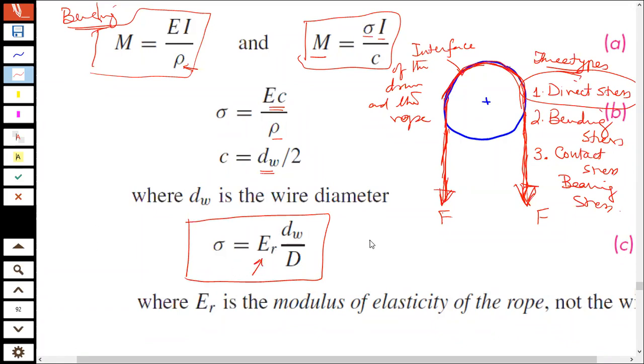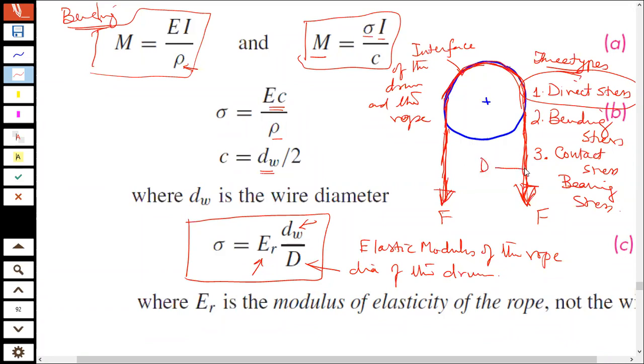E is the elastic modulus of the rope. And dw is the diameter of the wire, and this D is the diameter of the shoe, the drum. This capital D is from here to here.